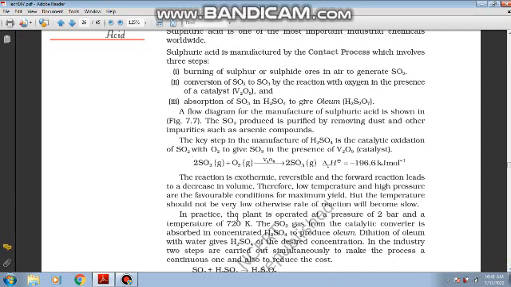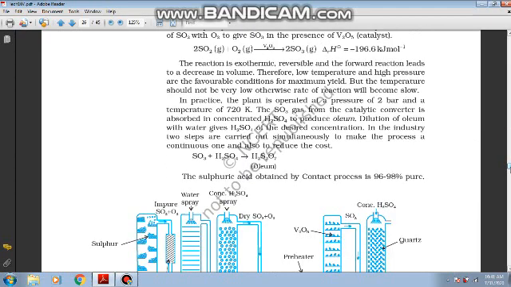Number 2 reaction is oxidation of sulfur dioxide to sulfur trioxide in presence of vanadium pentoxide. And number 3 reaction is absorption of SO3 in H2SO4 to produce oleum. So these are the only 3 reactions in the contact process to be studied. But you will ask me, ma'am, this is oleum, not H2SO4.